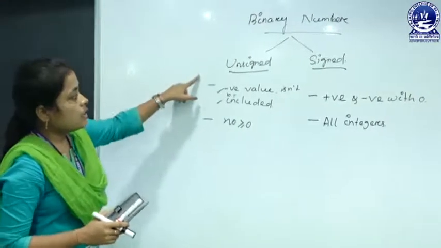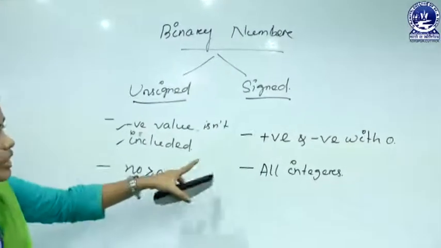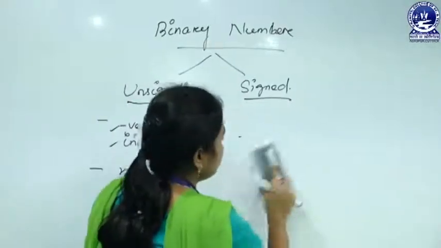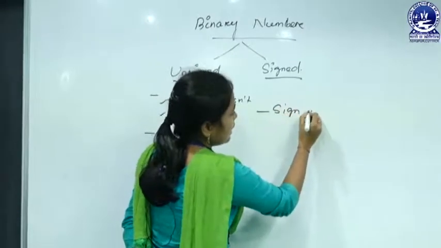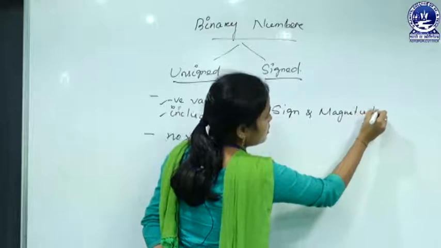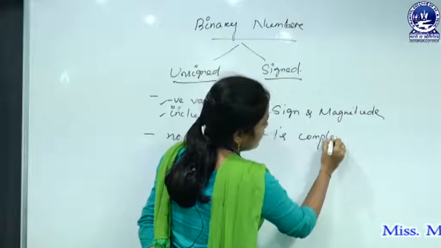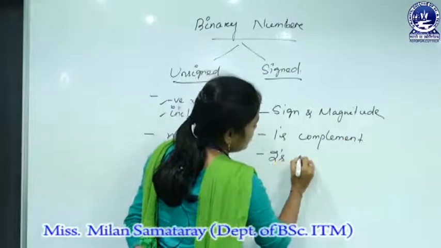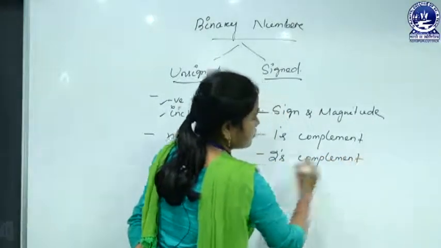Then go to the signed values. To represent the signed values there are 3 formats we are using. One is sign and magnitude representation, another one is ones complement, and the last one is twos complement representation.